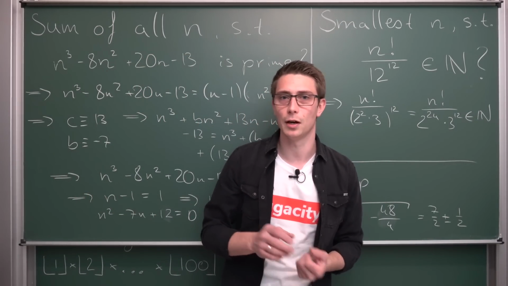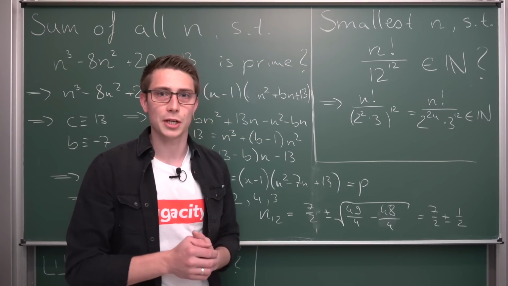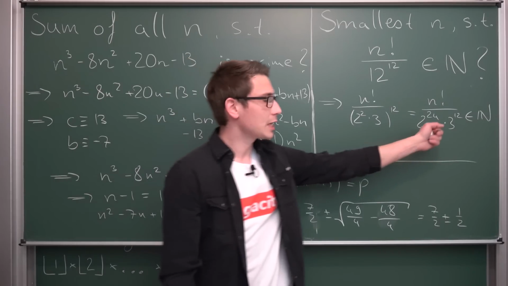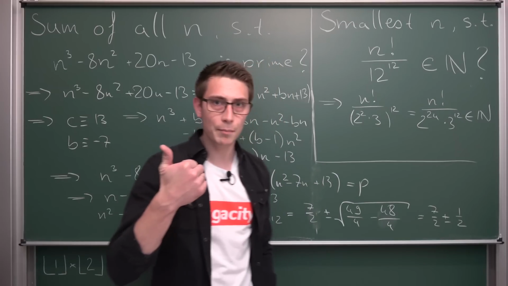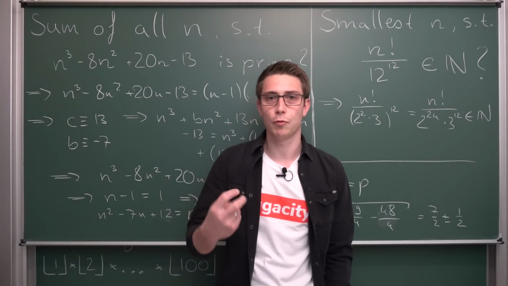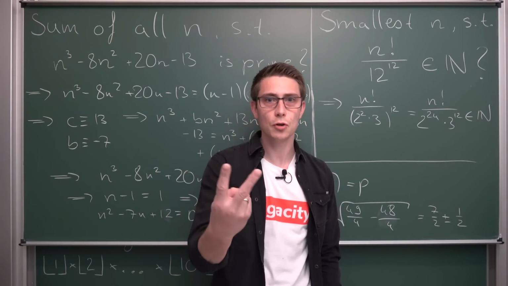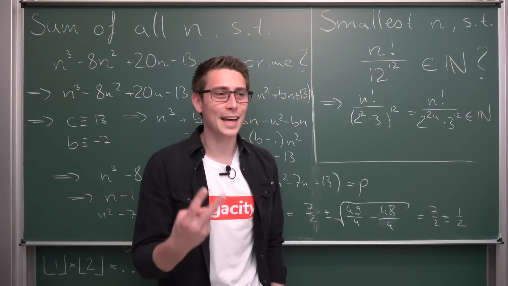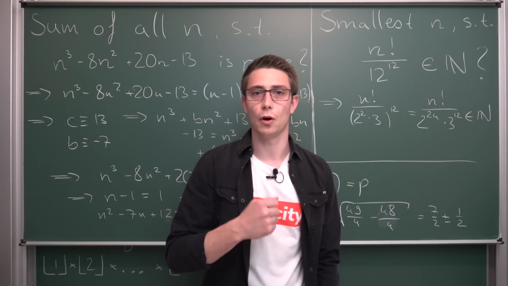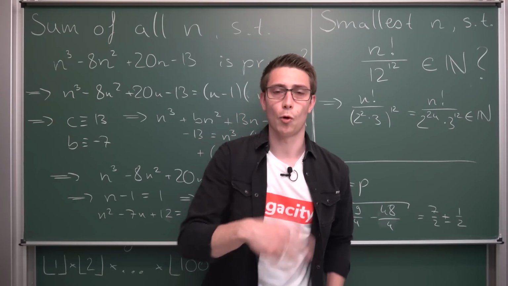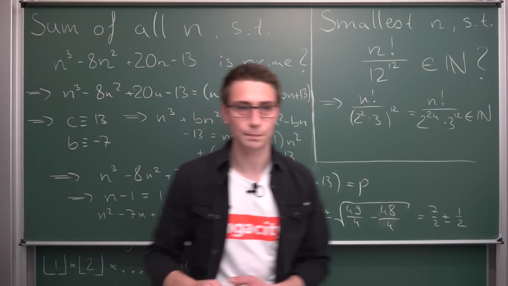I couldn't find any other method to do so, so yeah, we're just going to do this. If we count twos, every second number is going to include a 2, every even number, but don't forget every multiple of 4 is going to include 2 twos, and every multiple of 8 is going to include 3, and every multiple of 16 is going to include 4 twos. And now we're going to start counting.